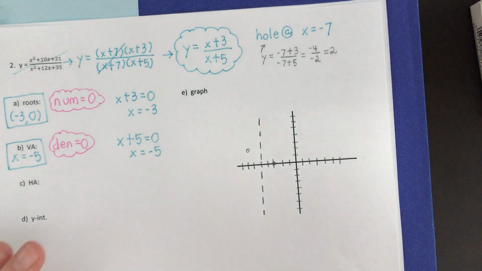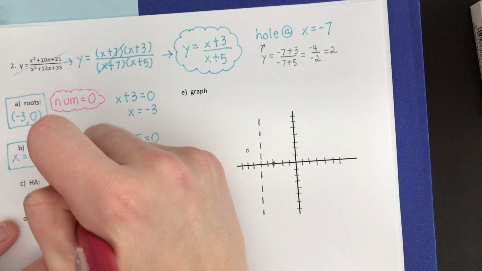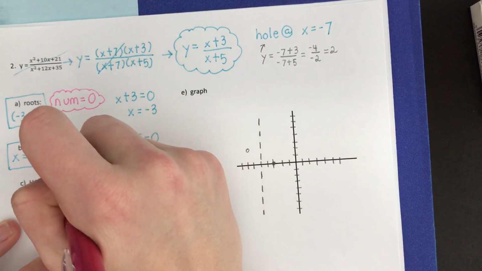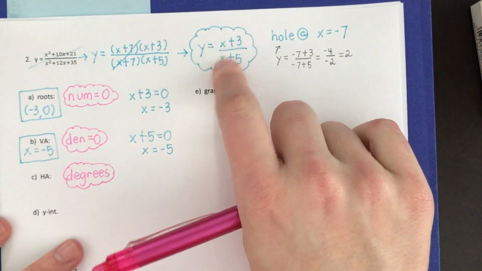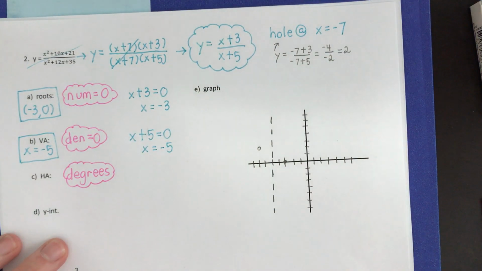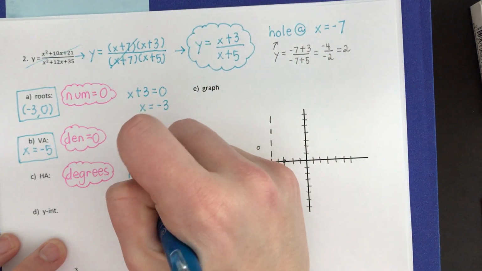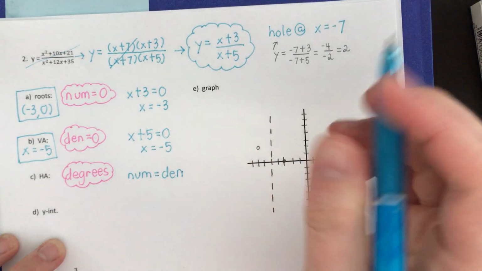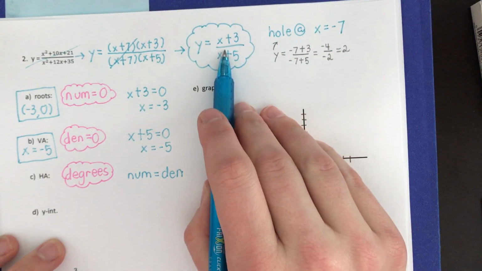Okay, at HA, look at my degrees. My degrees are the same, numerator equals denominator. This degree is 1, this degree is 1.